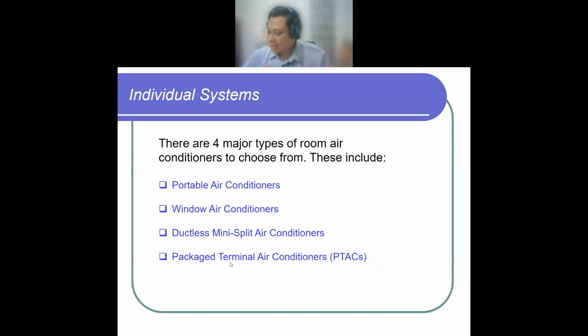If you realize, when you come to the computer lab, they attach one system individually on the ceiling. That one is a package terminal air conditioner. They put the other part, the compressor, outside of the room.